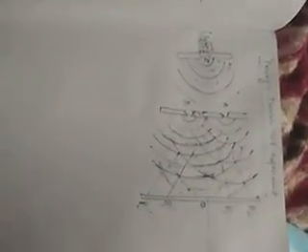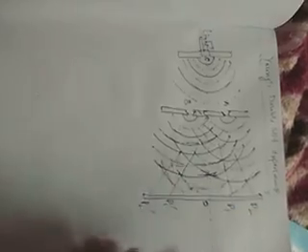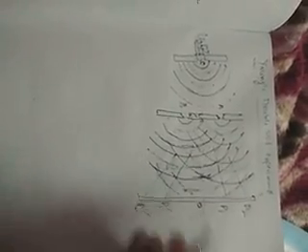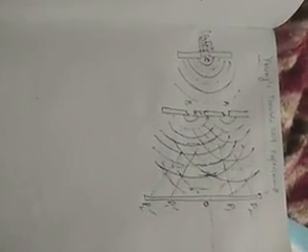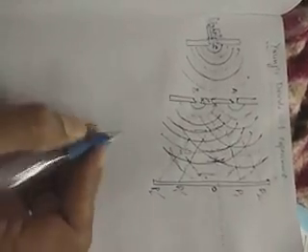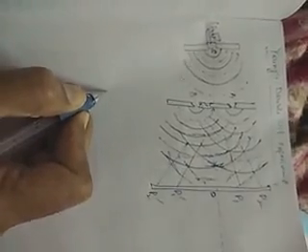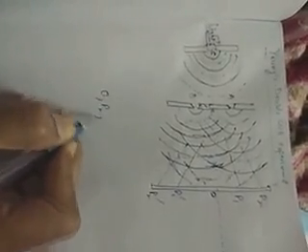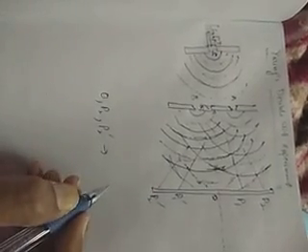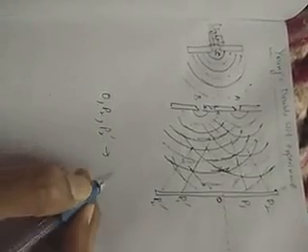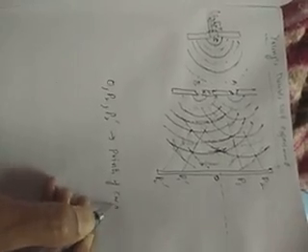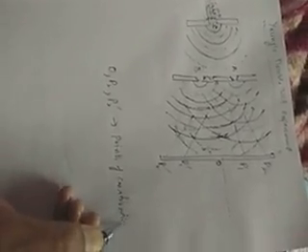Now these particular points, where crest falls on crest, are the points of constructive interference. So that means your O, P2 and P2 prime are points of constructive interference.